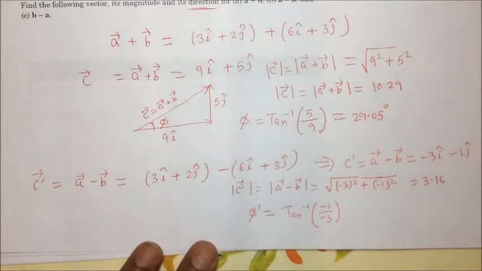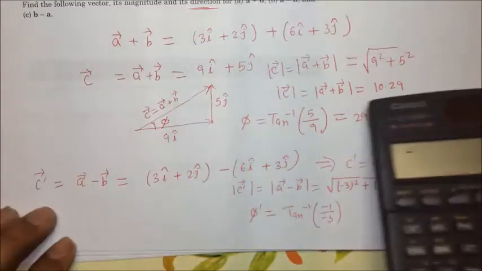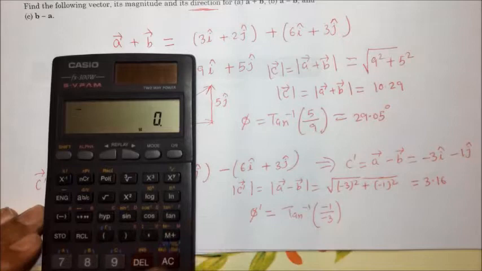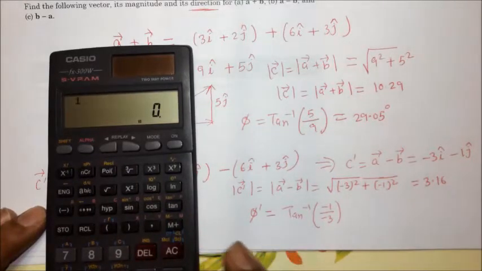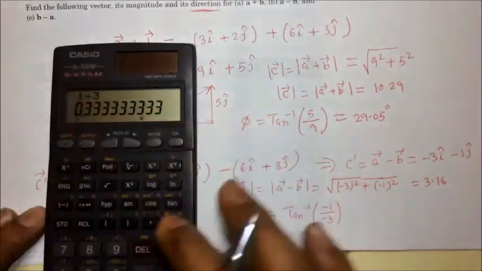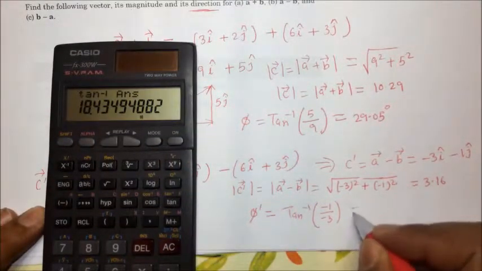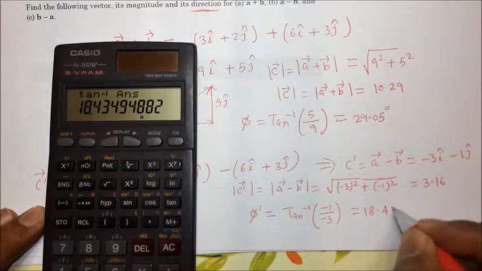Minus minus will cancel out, so it gives you 1 over 3, shift tan inverse, equal to 18.43 degrees.